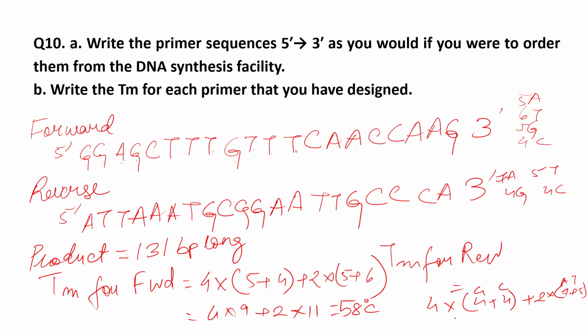So you have 4 into 8 plus 2 into 12, which is 32 plus 24, so 56.